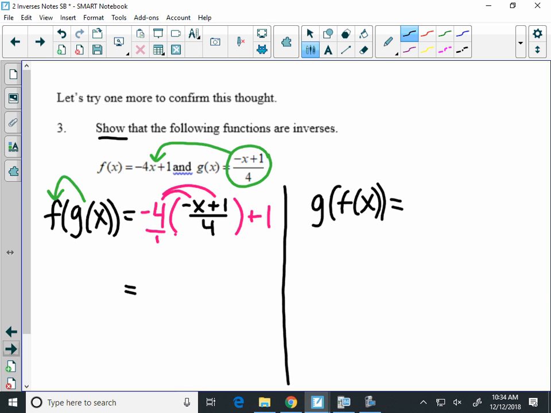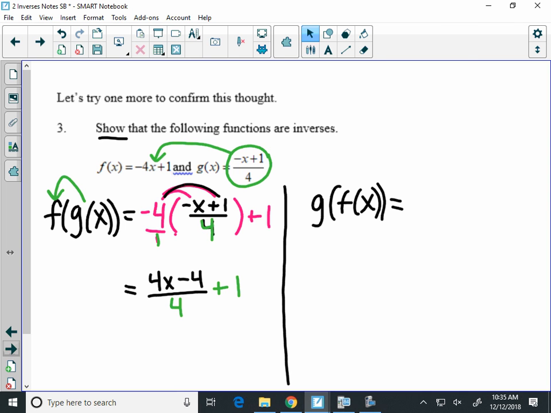-4 times -x gives me a positive 4x. And -4 times 1 gives me -4. The denominator, I multiply the 1 times the 4 here, which is the denominator of 4. And then I'm going to tack my plus 1 on the end.